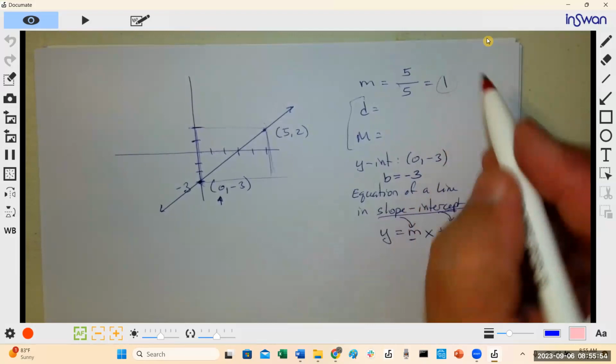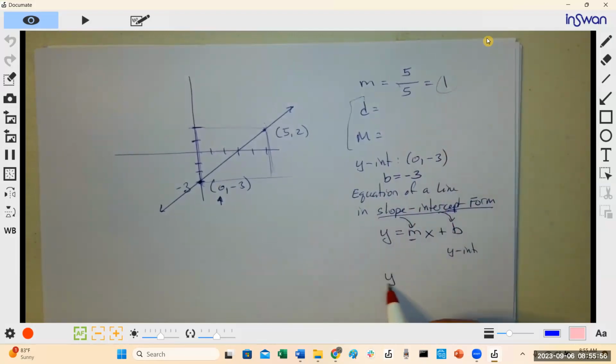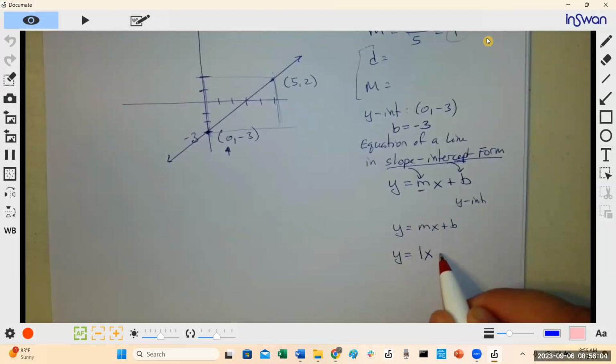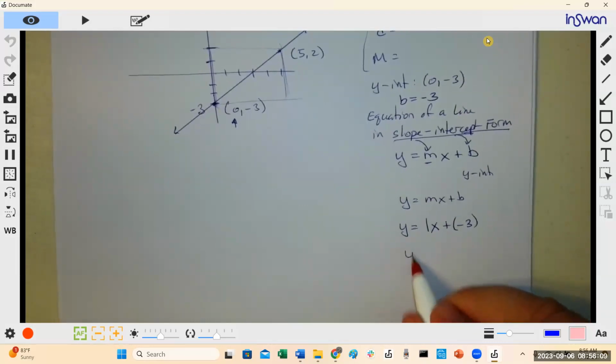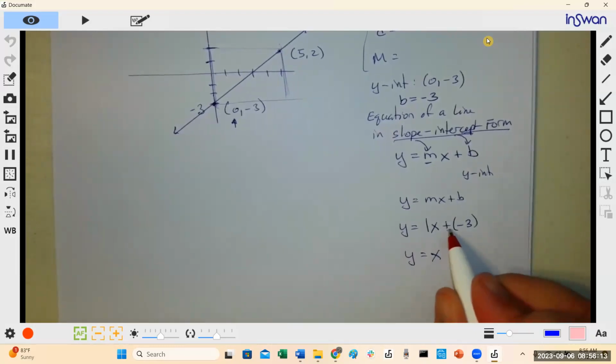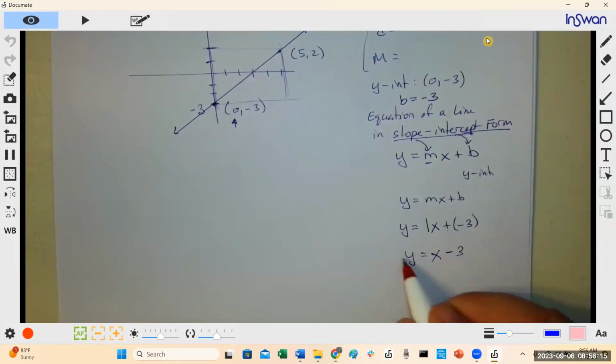Remember, our m is 1, our b equals -3. So our equation, m is 1 and b is -3. So 1 times x is x, positive times negative is negative, and there's your equation.